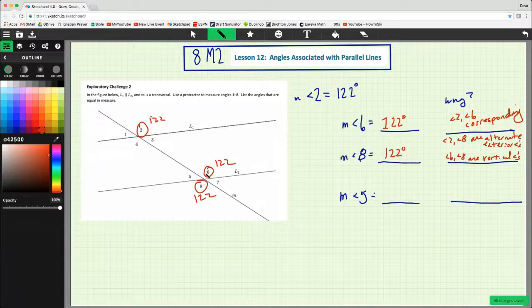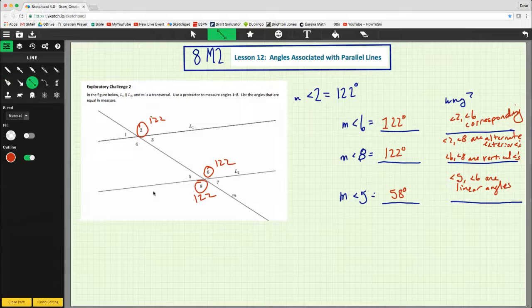Now the measure of angle 5, you have to go back to 7th grade and say, well, that is equal to 58 degrees. And the reason is because angle 5 and angle 6 are linear angles. Remember that?